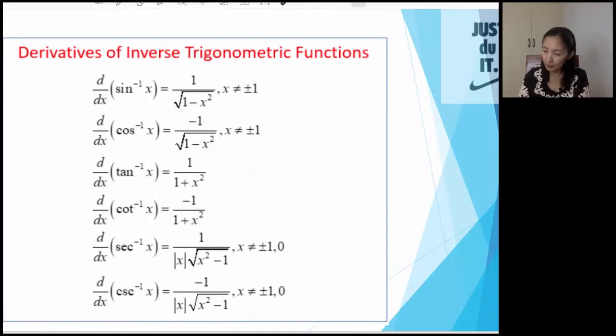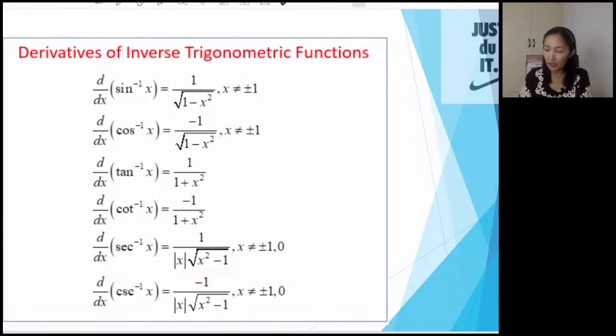Next, in like manner, the derivative of arcsecant of x is 1 over the absolute value of x times the square root of x squared minus 1.